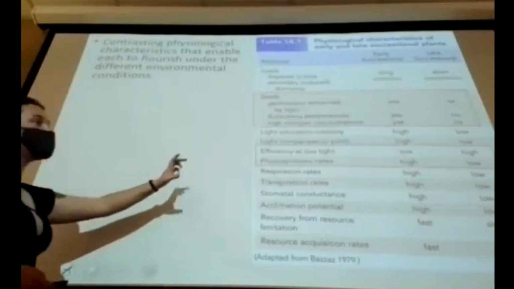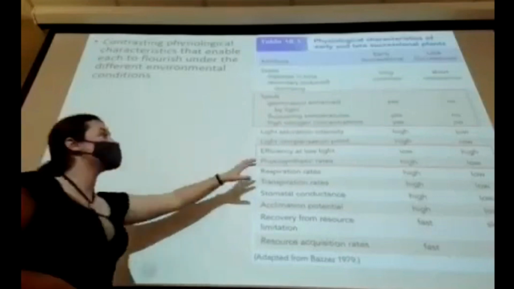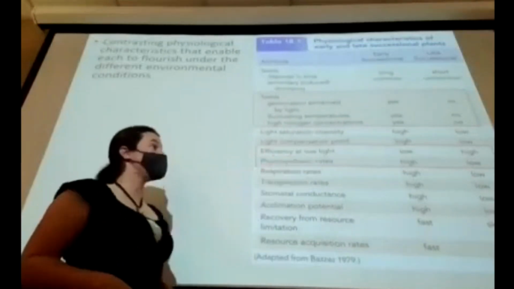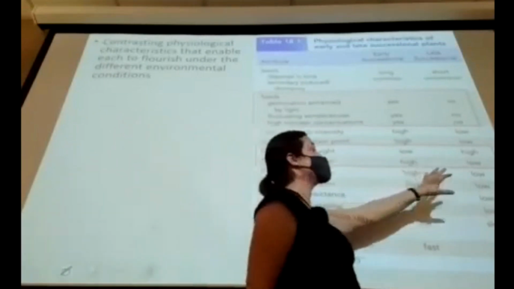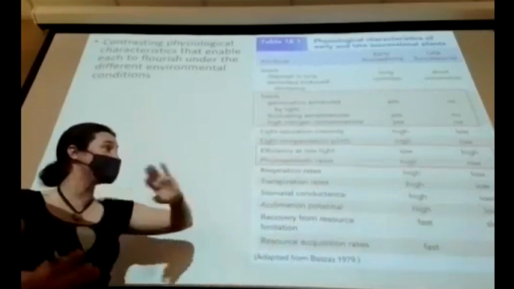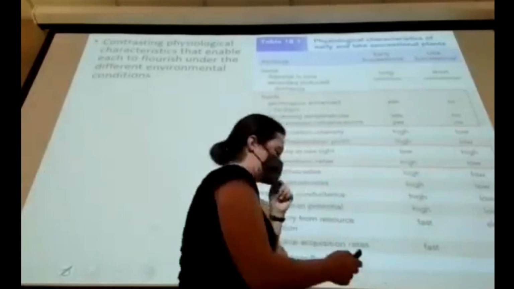Again, this shade tolerance concept from way back when, these early successional plants aren't very good in the shade as opposed to the late successional plants. But on the other hand, when there is a lot of light, they can photosynthesize a lot.